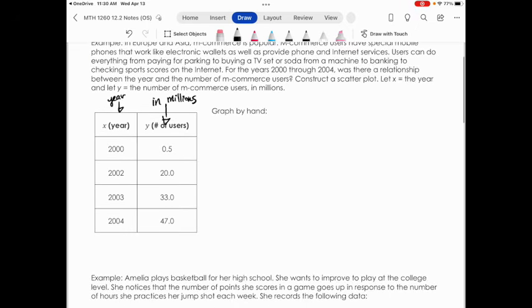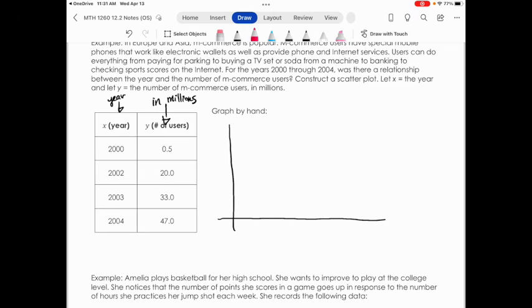All right, so to graph this by hand, first we want to look at our minimum and maximum values for X so that we can figure out how to scale this. My minimum value is 2000 and my maximum value is 2004. So a good way to scale this is to start at 2000 and go up by each year to 2004.